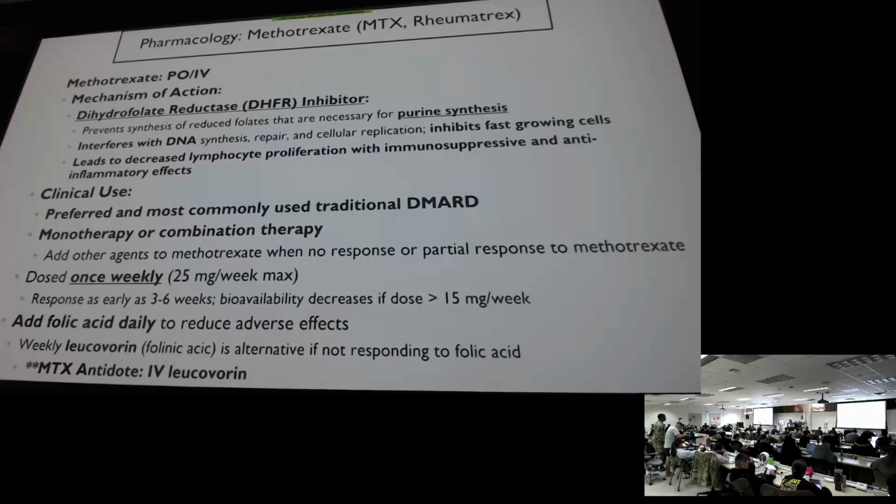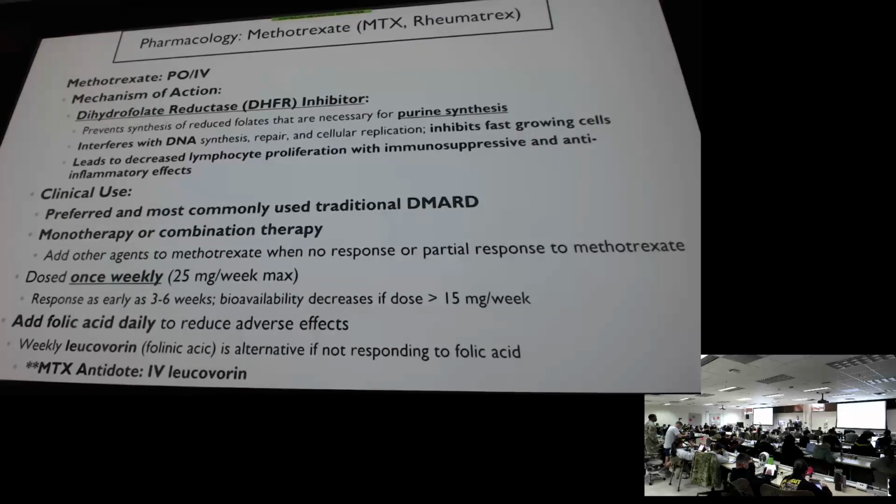So specifically, methotrexate in that conventional class or traditional DMARD class can be given oral or through IV. What does it do? It's a dihydrofolate reductase inhibitor. So it's going to prevent the synthesis of reduced folates that are required for purine synthesis.